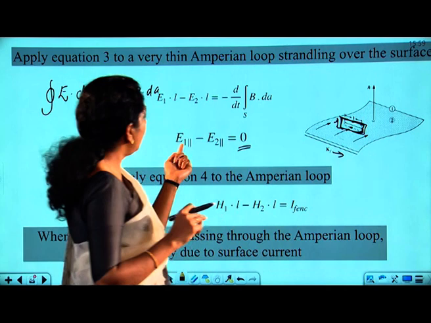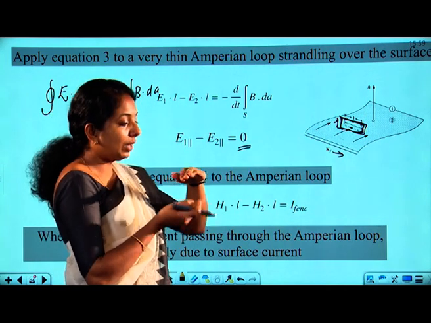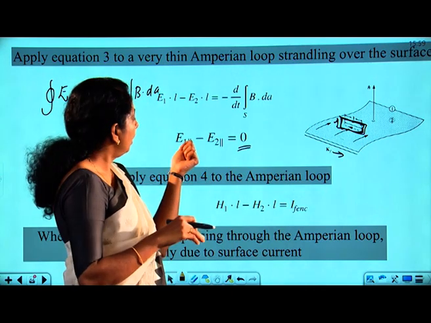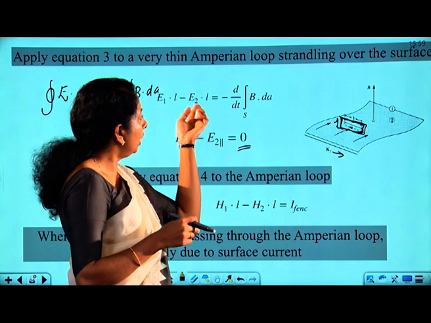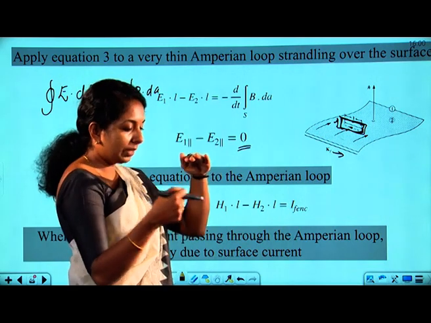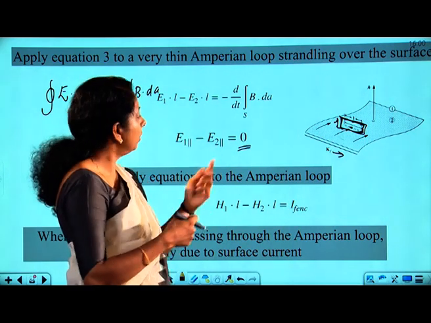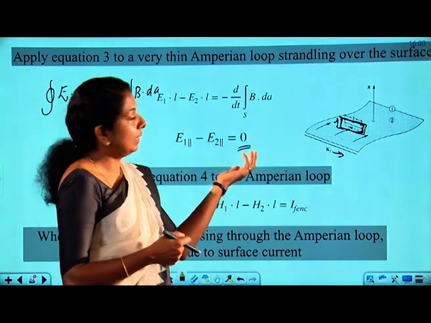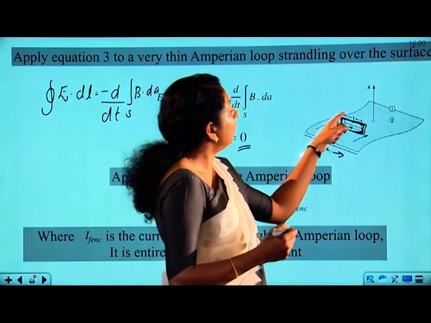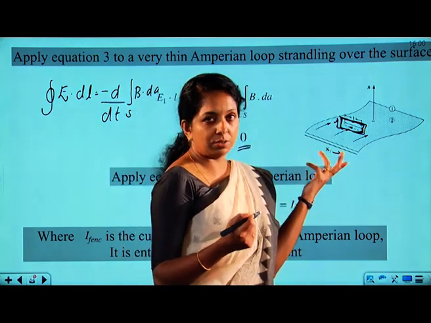That is the reason why E1 parallel, the component of electric field in medium 1 in parallel direction, E1 parallel, minus E2 dot dl means we are taking the projection of E2 over the length, but in the second medium. That is the reason why E2 parallel, that is equal to 0 because dA goes to 0, as we have taken the width of the loop tending to 0.